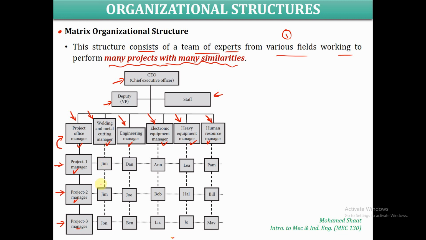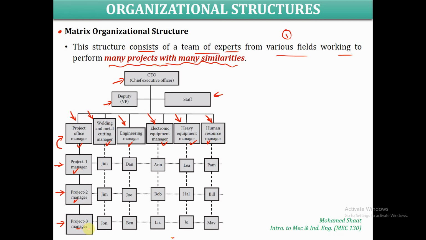For example, he assigned Jim to work over projects 1 and 2, and John to work over project 3. You got my point? Like the engineering department manager, he assigns some guys to these different projects: Dan to project 1, Joe to project 2, Ben to project 3, and so on. For electronic equipment, he assigned Ann, Bob and Liz to these 3 projects, and so on.